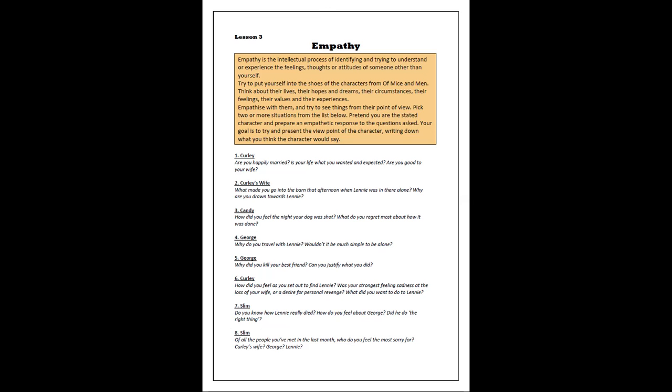He may see that as being good to his wife. He may also see being protective of her, always looking out for her, as being good to his wife. Now that I've thought about those questions, I might answer them in the voice of Curly in a paragraph of four or five sentences. That's an example of what you might do for Curly.